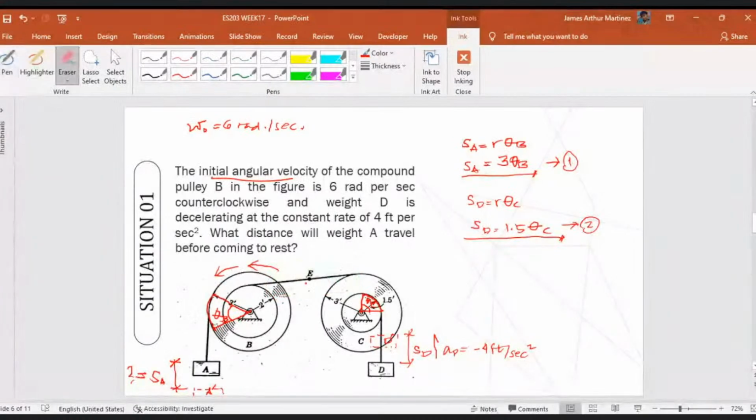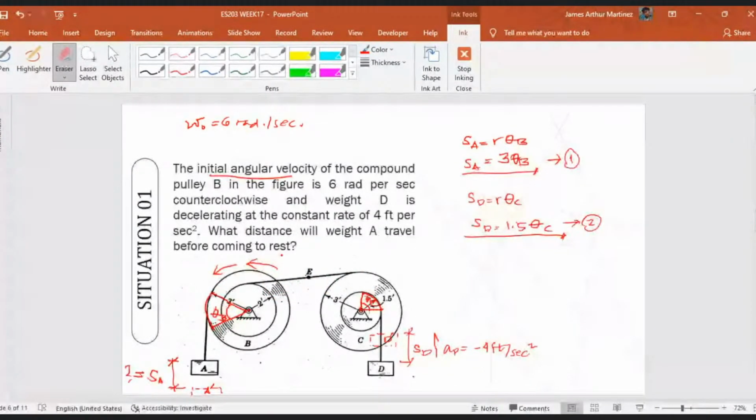Let us assign a point on this connection, say point E. Definitely E is pulled by B, so its linear displacement has a relationship with pulley B. SE, the linear displacement of E, is equal to the radius times the angular displacement of B. And take note that the angular displacement of the smaller disk is equal to that of the bigger disk.